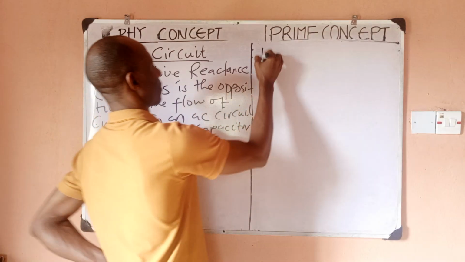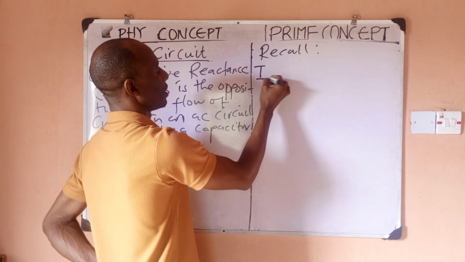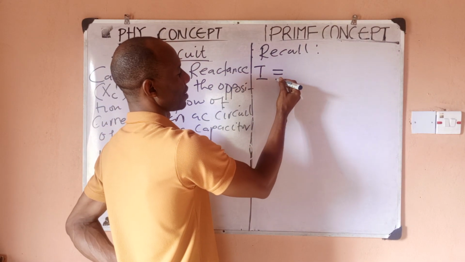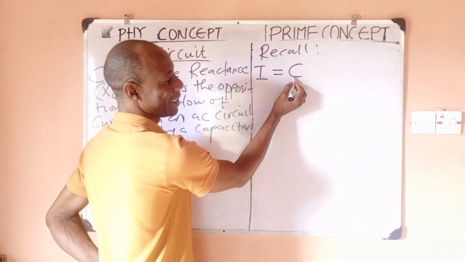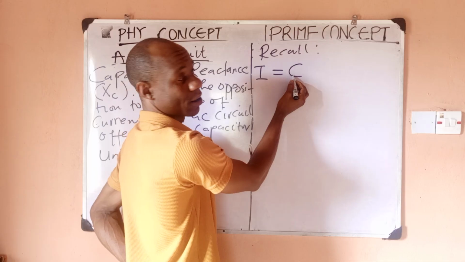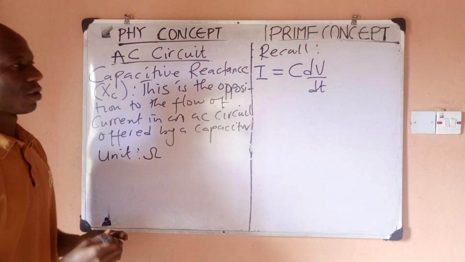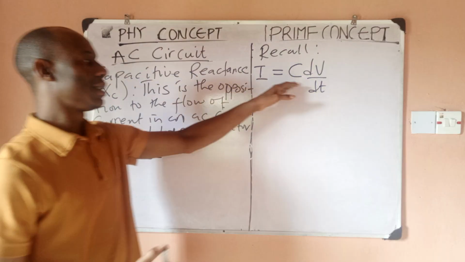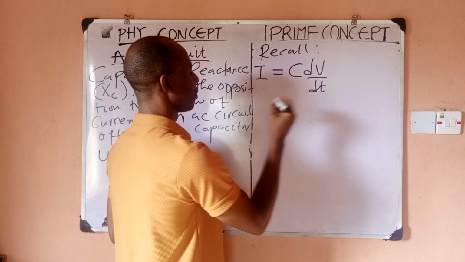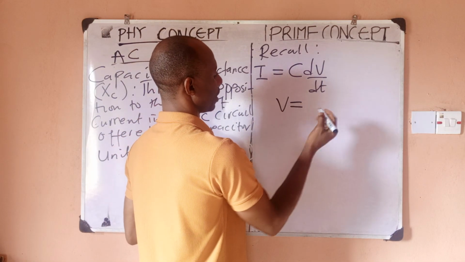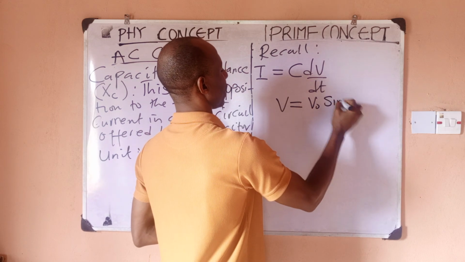If you recall, we know that the current through a capacitor, I, is given by the capacitance of the capacitor, remember, C is called the capacitance, times dV over dt. So I is C dV over dt. Now, we have mentioned that voltage is going to be, let's use a simple case, V naught sine omega t.